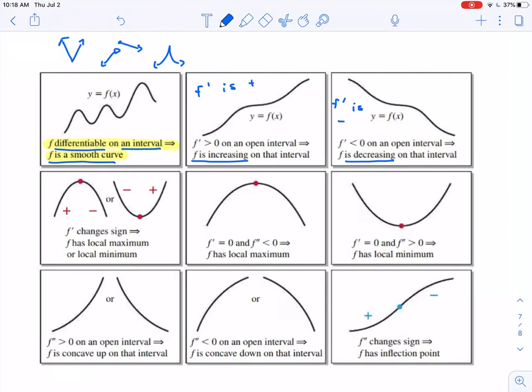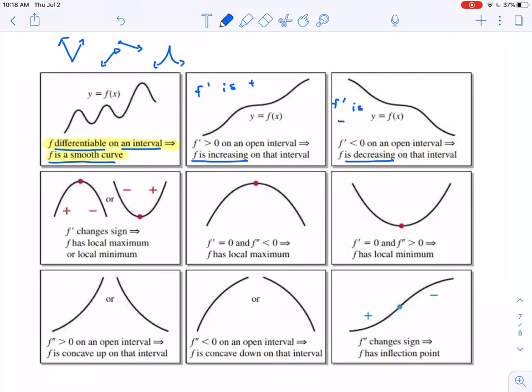And when we have a sign change in our first derivative, so if f prime changes sign at any point, then we know we either have a local maximum or a local minimum, assuming that f is continuous at that point, I should say.